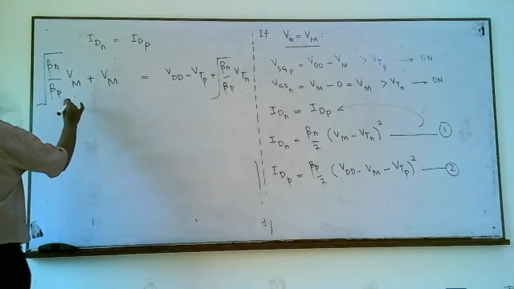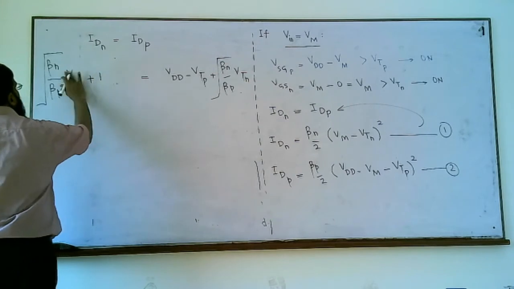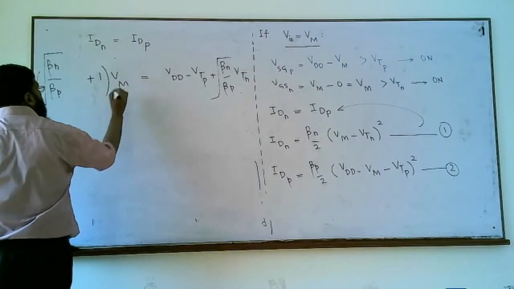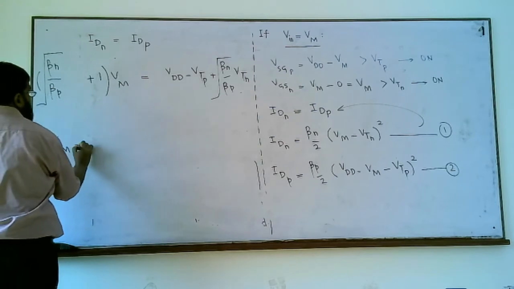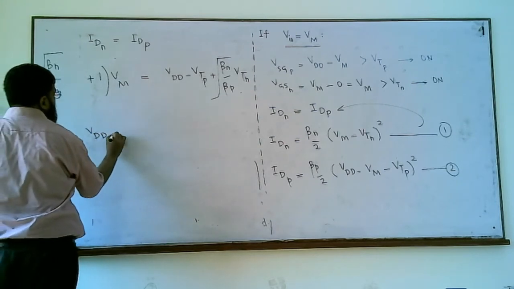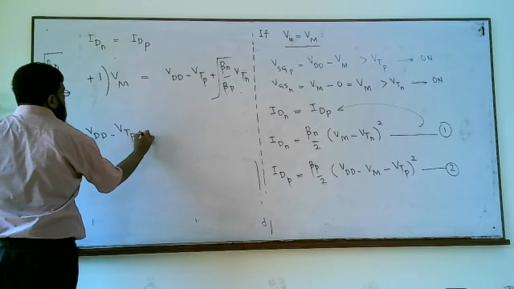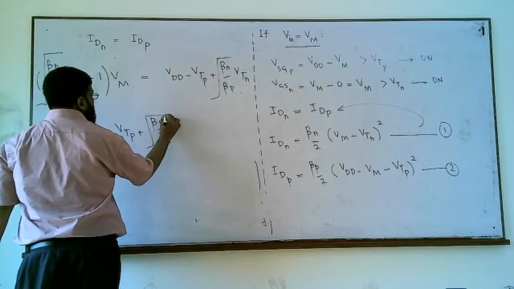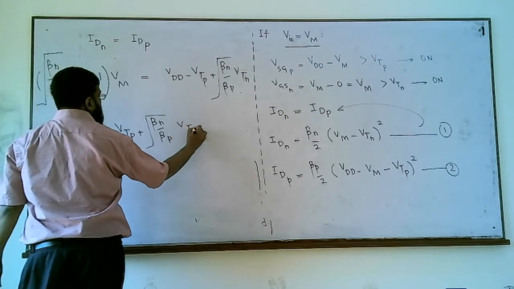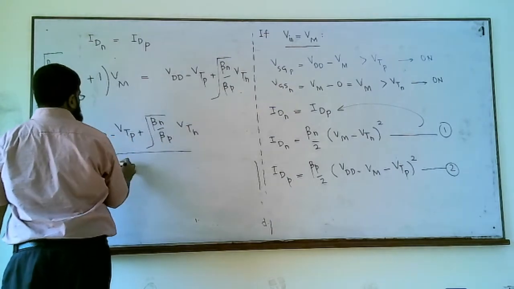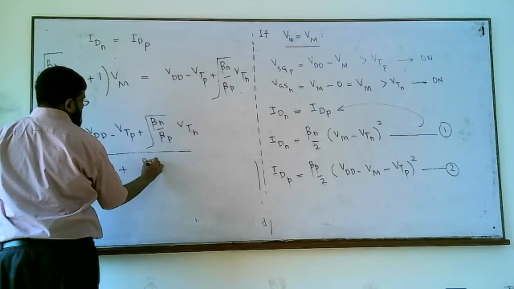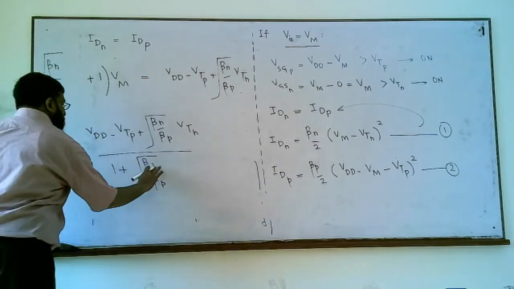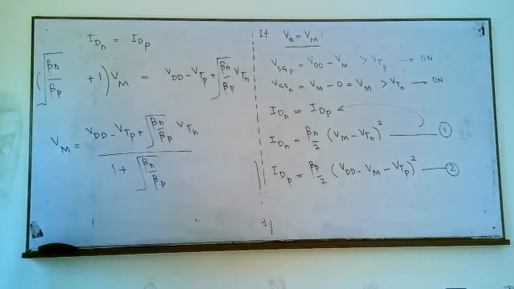So taking VM common, VM can be written as VDD minus VTP plus the square root of beta n over beta p, times VTN, divided by 1 plus the square root of beta n over beta p.